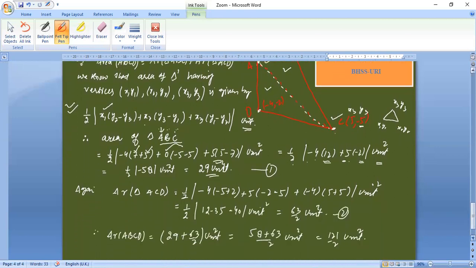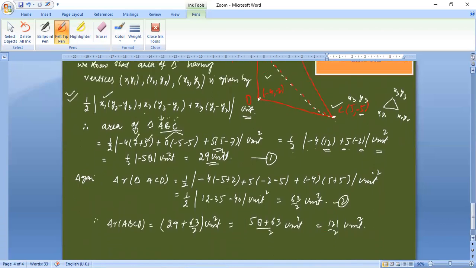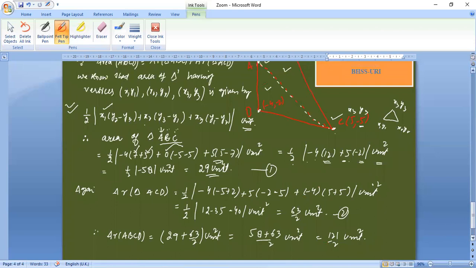Now let's calculate the area of triangle ACD. Now again the same thing. If we need to calculate the area of triangle ACD, we need to consider x1, y1 coordinates of this, x2, y2 of this, and x3, y3 of D, right?